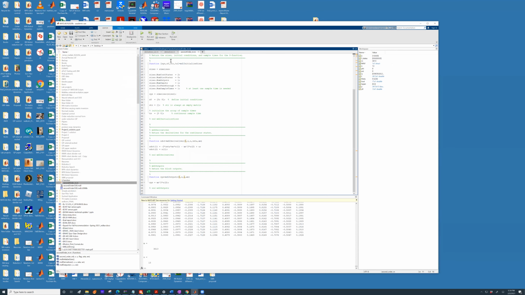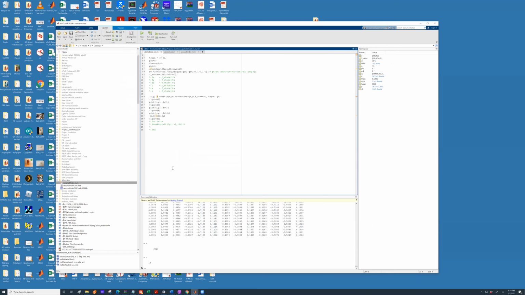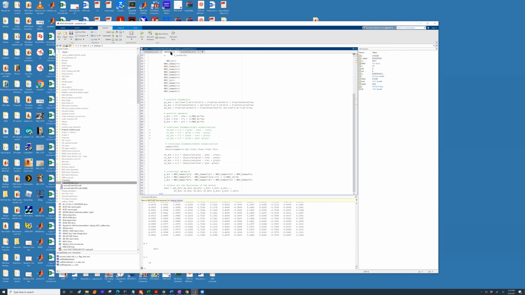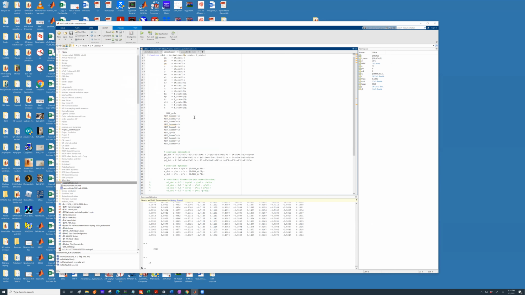First and foremost, I'm going to go back to the two functions that we used in the very beginning. We used a function called derivative underscore run dot m, and the second function that we used is derivatives dot m. I'm going to copy and paste this function into the chat window.